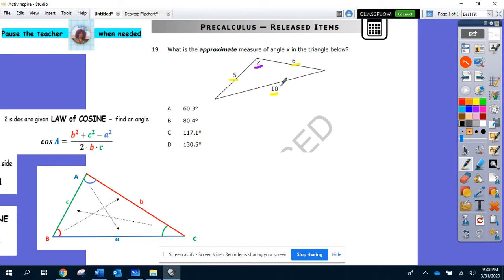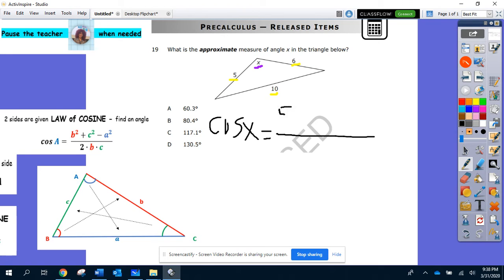So let's go to our problem and apply it for cosine x. Cosine x will be equal to a fraction. On the top will be the sum of the squares of the adjacent sides of the angle.